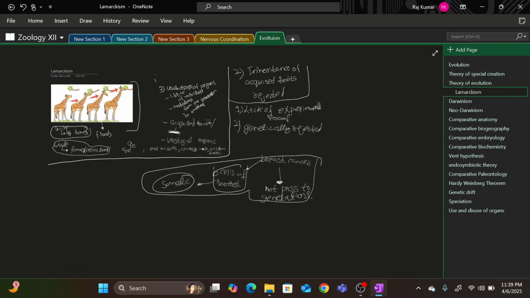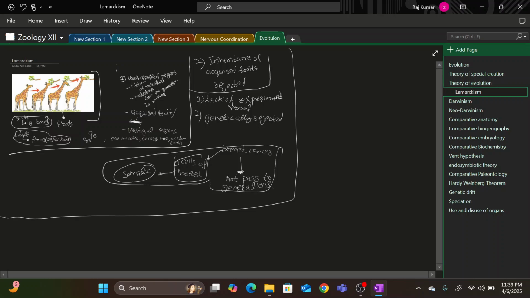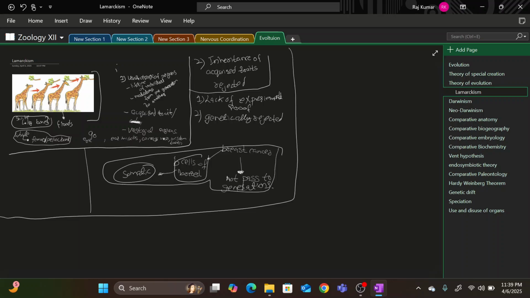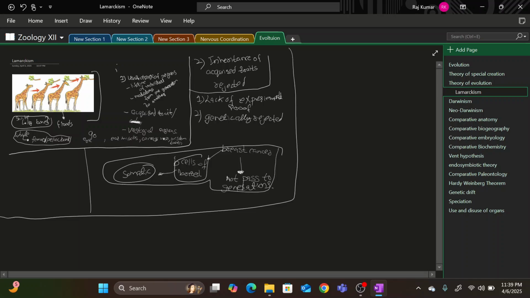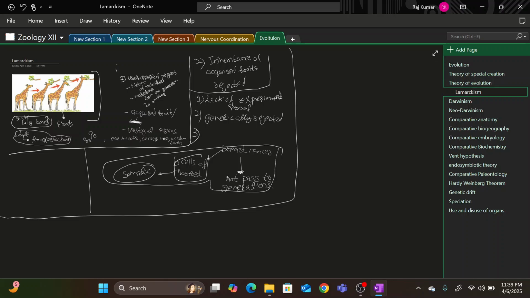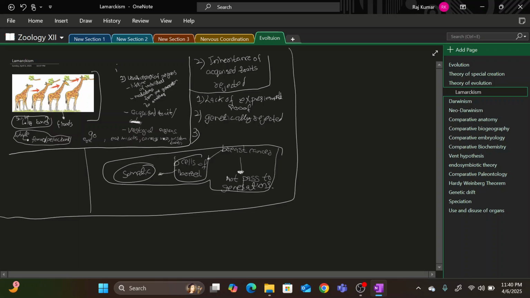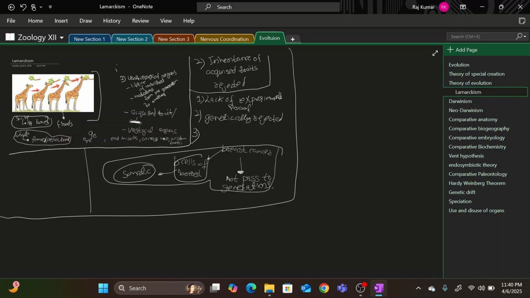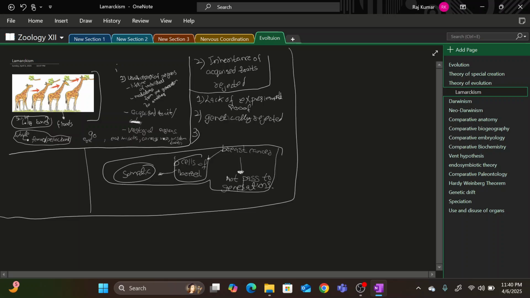All right. One more thing that I'd like to share is that the inheritance of acquired traits does not happen in one generation.